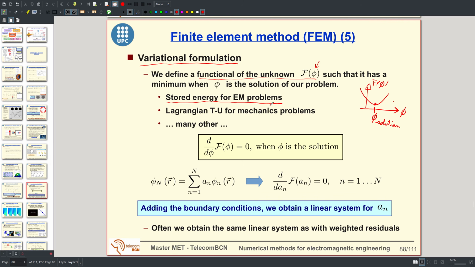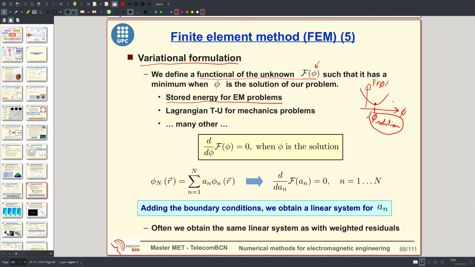You know that the stored energy must be minimum, so at the minimum of the stored energy function, the potential is exactly the solution of our problem, is the potential that really would exist in this structure, because it must be the potential that produces the minimum energy.